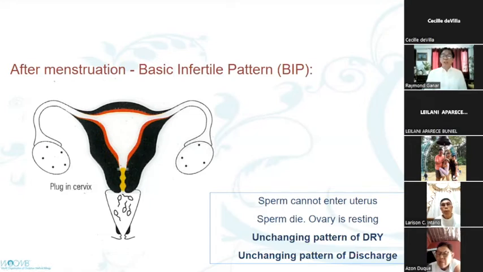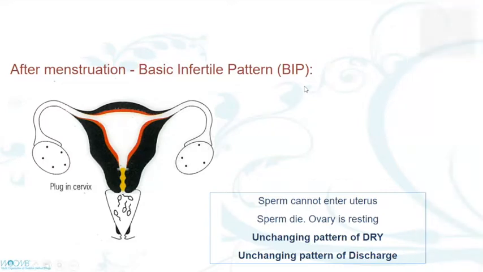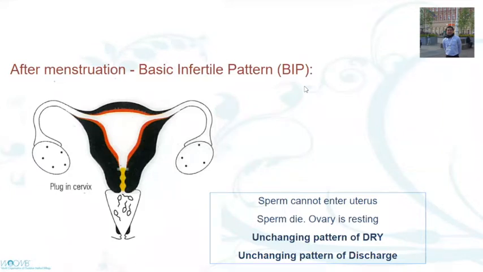We call it the unchanging pattern of discharge. Okay, so this is the two types of BIP. The BIP of the unchanging pattern of dry and the BIP unchanging pattern of discharge. So take note, during the days of the BIP, the cervix is completely closed, impenetrable. Sperm cannot enter. Clear?